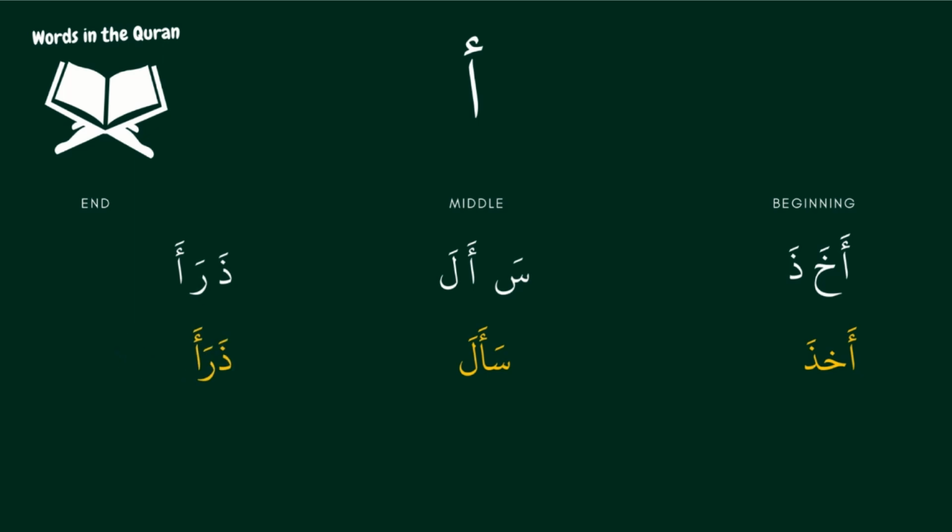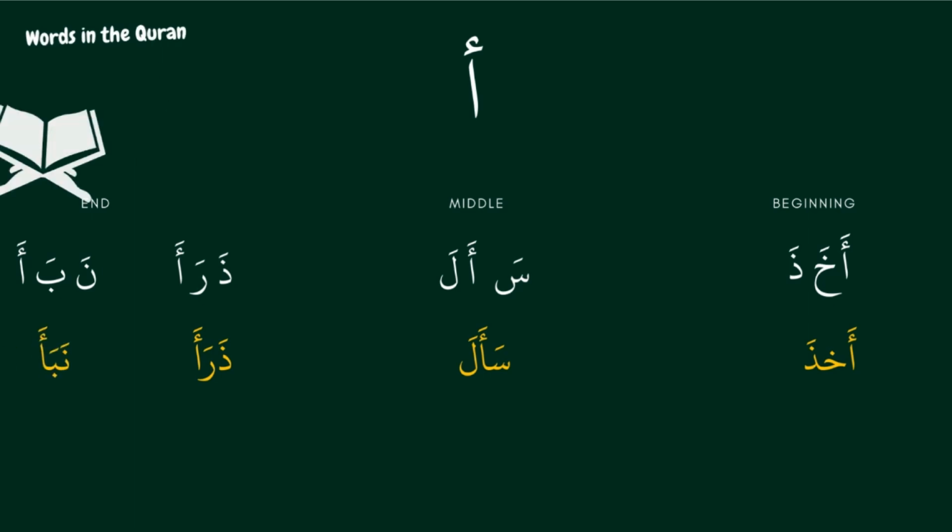Please know that Ra is a letter that cannot be joined, hence it doesn't join with anything. So dhara'a, Ra and A remain the same. Whereas if it's the word naba'a, Ba is a letter that can be joined, so it will look like that. Naba'a.